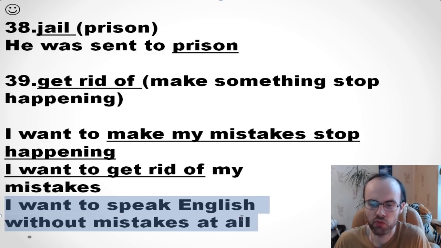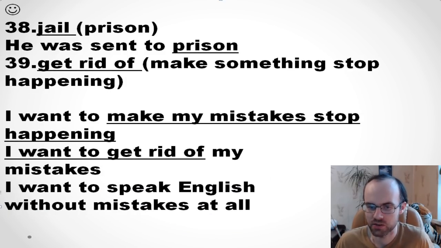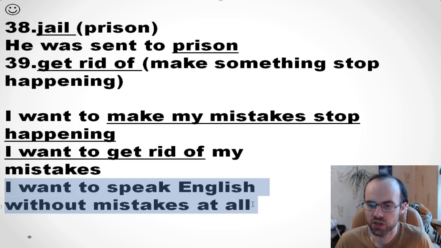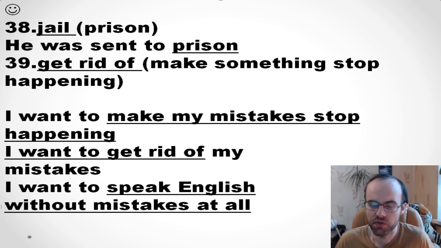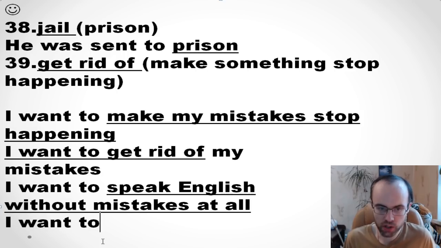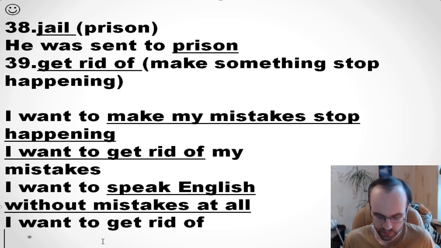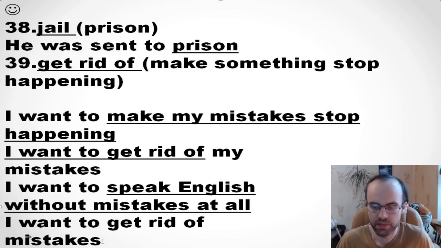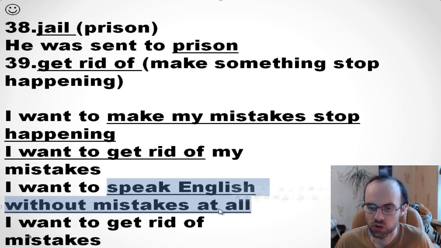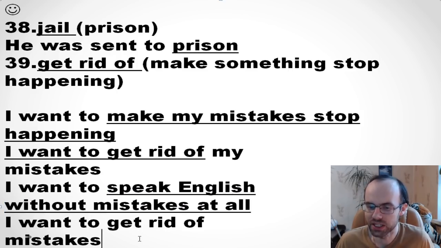And one more example, more vocabulary practice, especially for you, my friend. So you see, I want to speak English without mistakes at all. Just try to replace this part of the sentence and use this expression, get rid of. How would it be? I want to get rid of mistakes. Yeah, so you see, at all, but we say get rid of something completely.